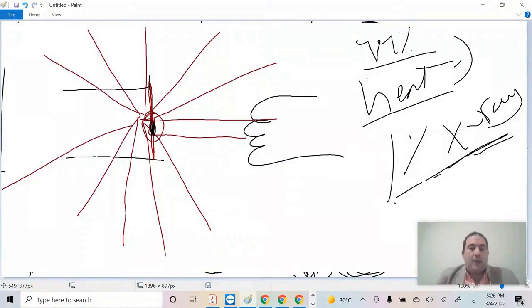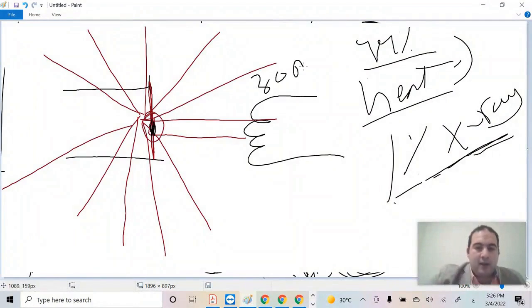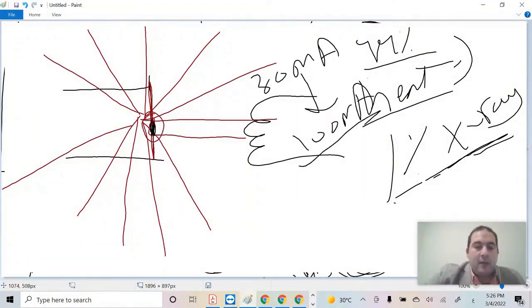For example, if I increase the current from 30 milliamps to 100 milliamps, the number of moving electrons will also increase. Consequently, the heat produced in the area of the focal spot will also increase, which could lead to the anode itself melting. So, what should we do to prevent this from happening?